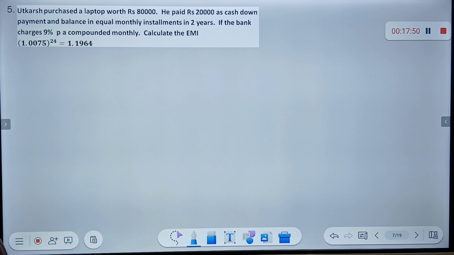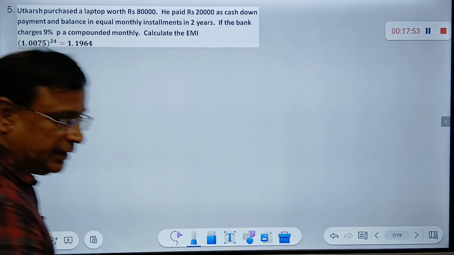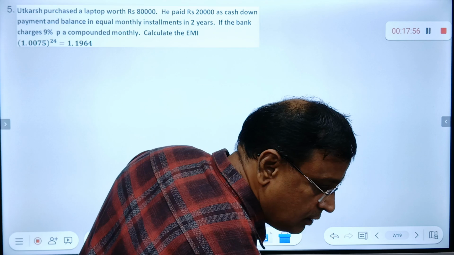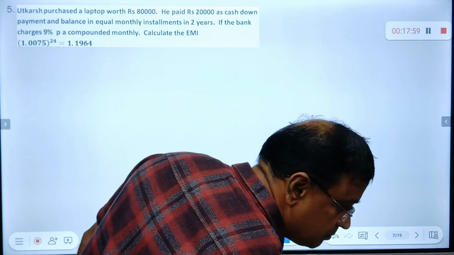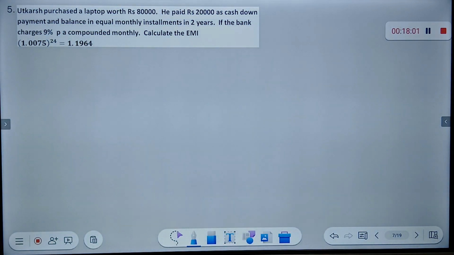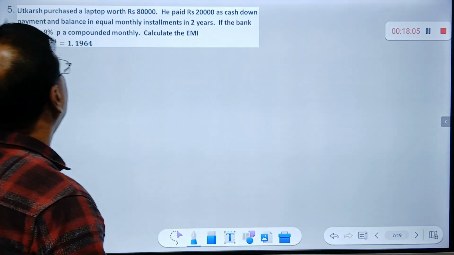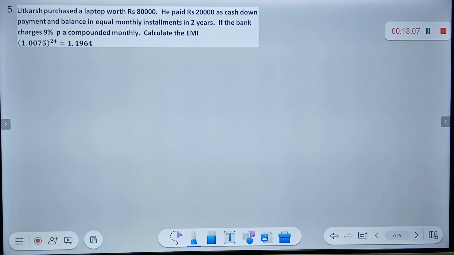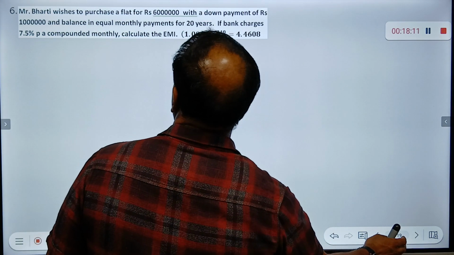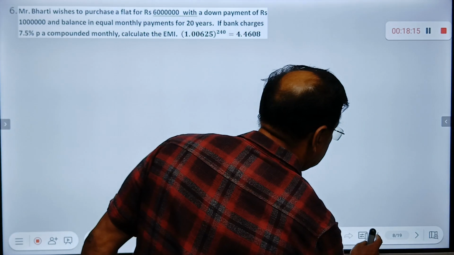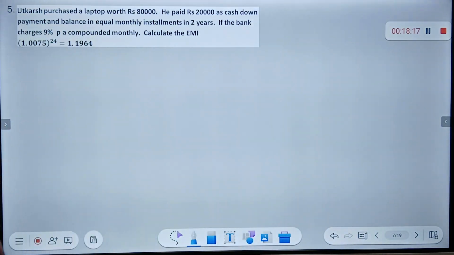Utkarsh purchased a laptop worth rupees 80,000. Okay, Utkarsh purchased a laptop worth 80,000.